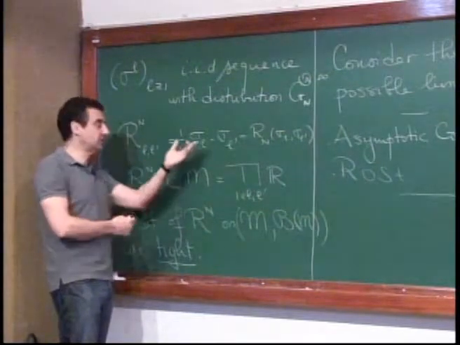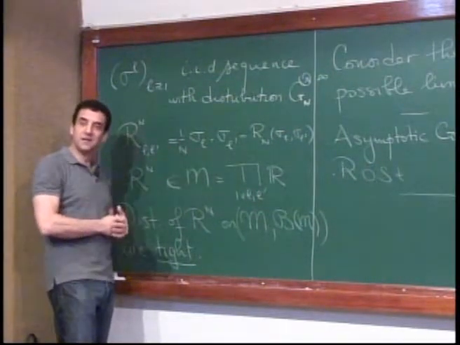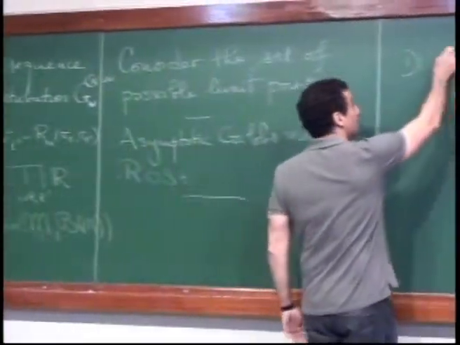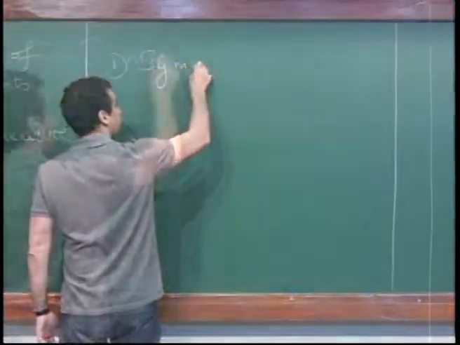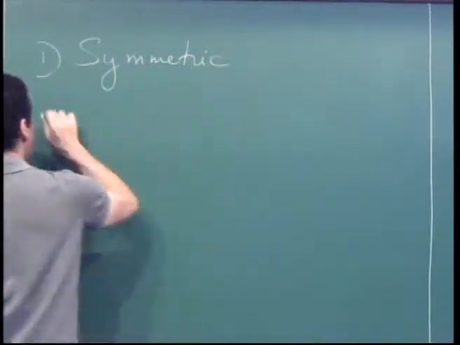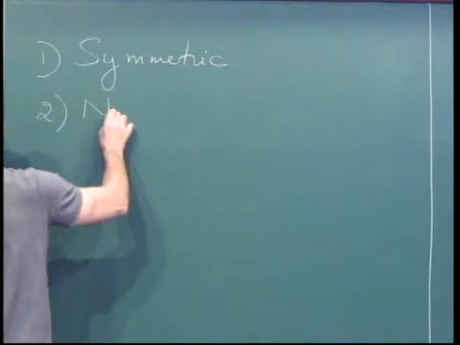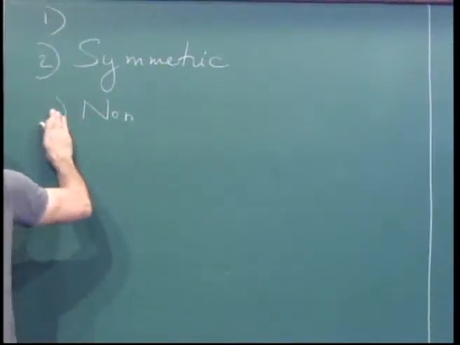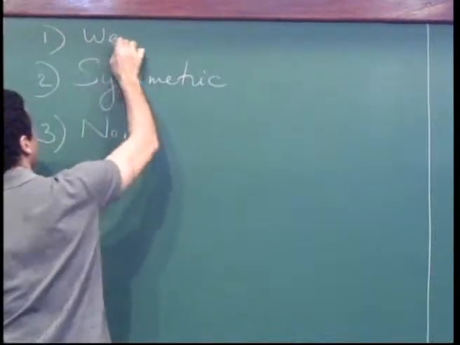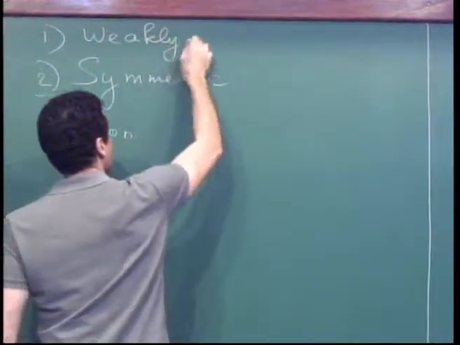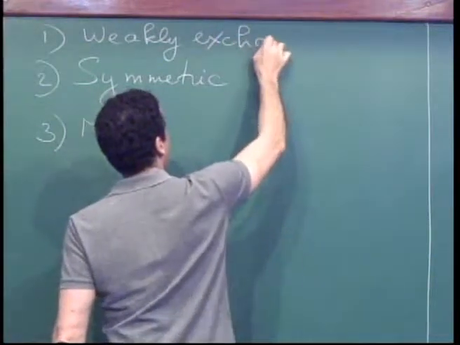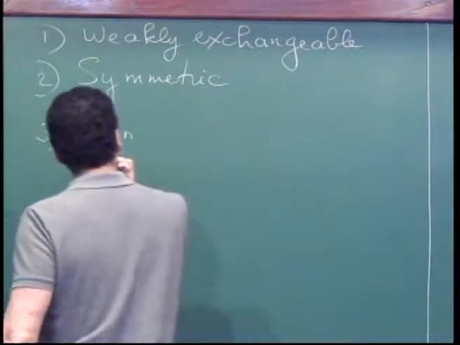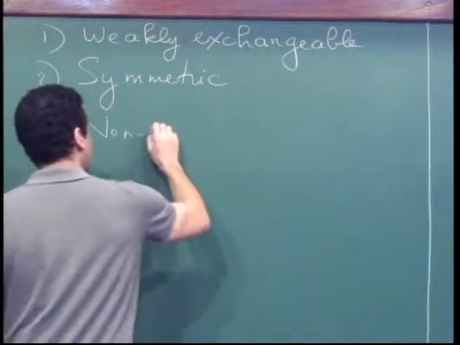So let's take some properties that come from the fact that it's a Gram matrix and see how they go to the limit. First, it's weakly exchangeable. For the moment, bear with this "weakly", because you will see what strongly would mean later. Second, it's symmetric, and third, it's non-negative definite.